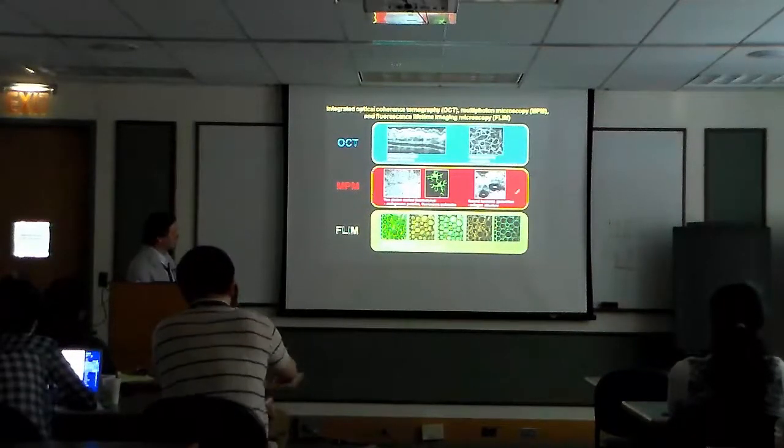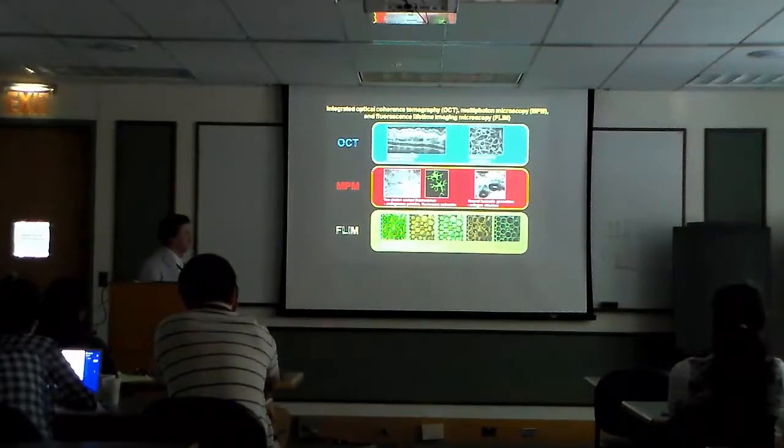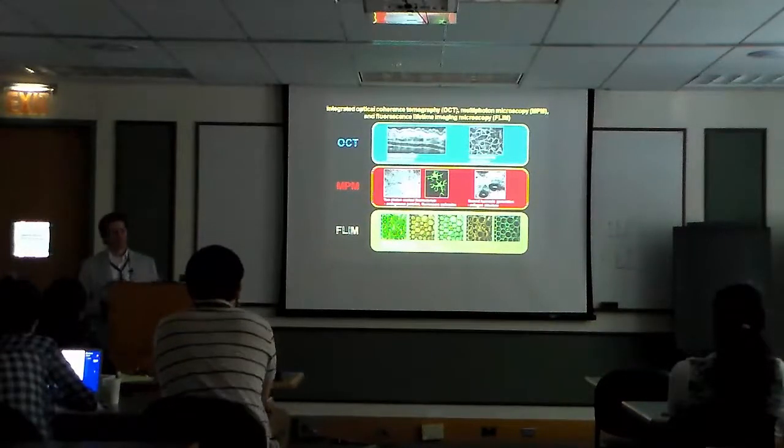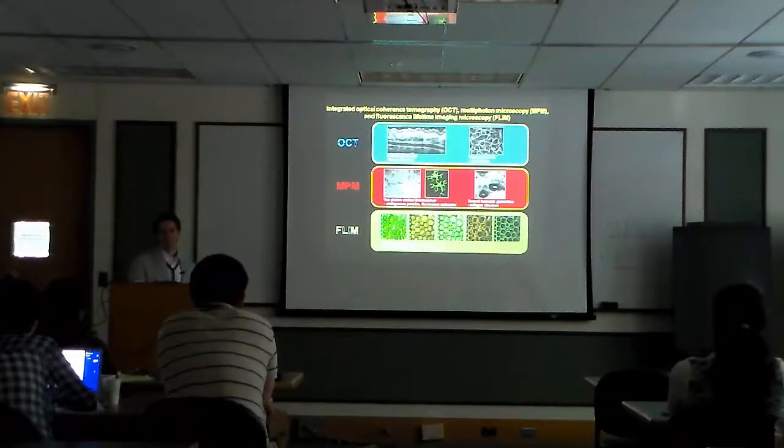Another multi-photon approach is second harmonic generation, and that's very good at looking at collagen structure. Of course the skin and these extracellular matrices that Professor Kong was talking about are filled with collagen, and we can use that nonlinear technique to look at the organization, the density, and the structure.